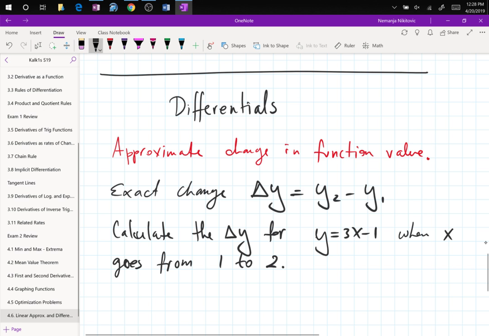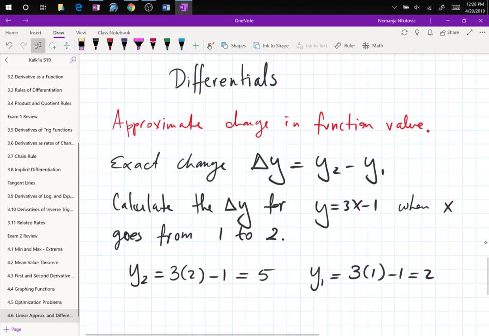This is extremely simple, right? And it's going to give us the exact answer because it's easy to calculate. So y2 is 3 times 2 minus 1, which is 5. And y1 is 3 times 1 minus 1, which is 2. So the exact change is 5 minus 2 equals 3. So that's what is meant by exact change.